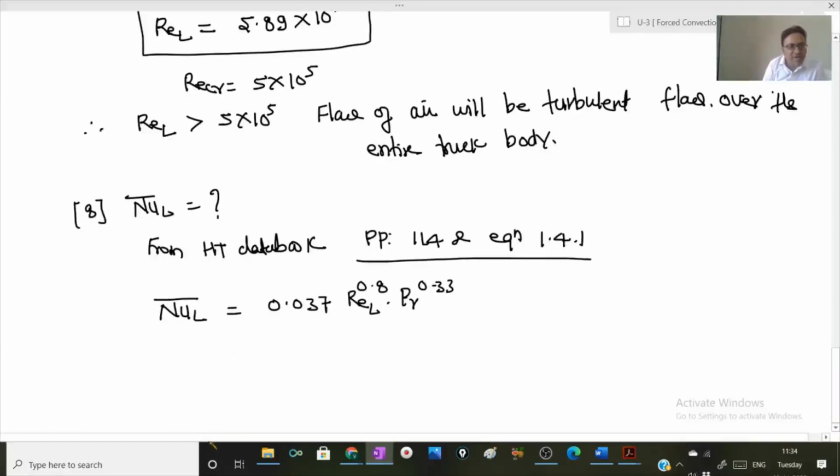Nusselt number can also be expressed as h bar into L over k_f.